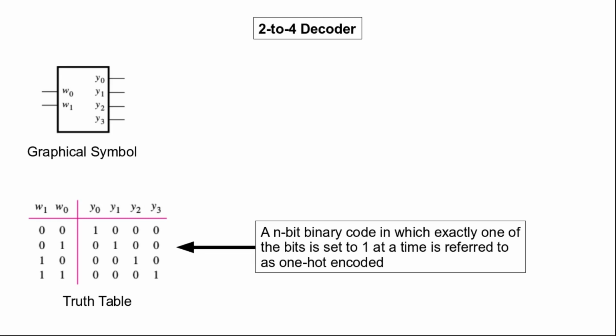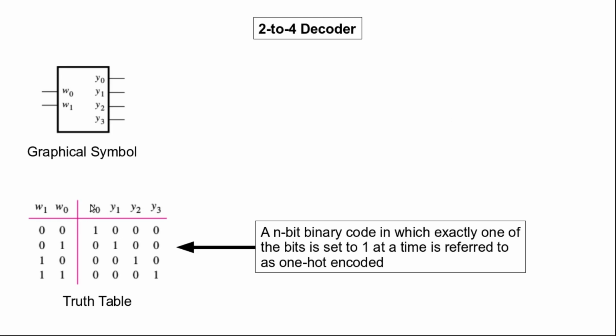Now if we want to build the logic circuit from this truth table, we have to find out the Boolean expression for each of the 4 outputs, Y0, Y1, Y2, Y3. And from our previous class, we know that one way to represent the outputs is using the sum of minterm expression.